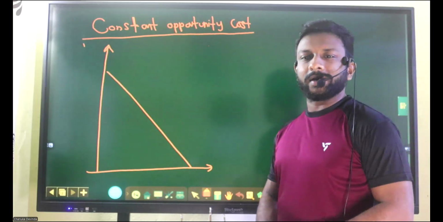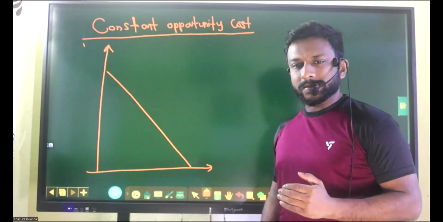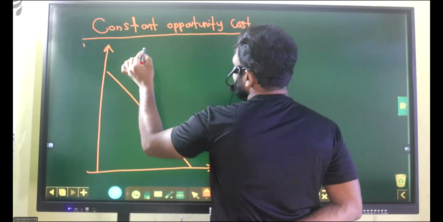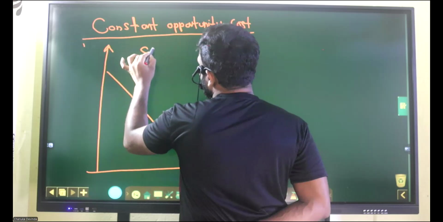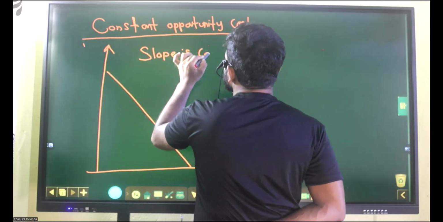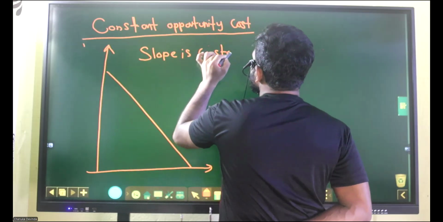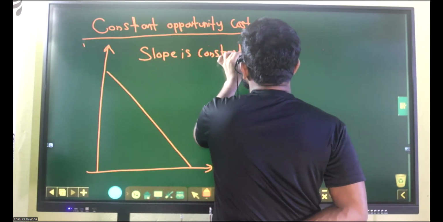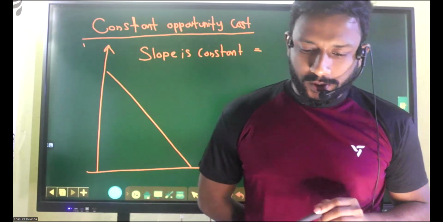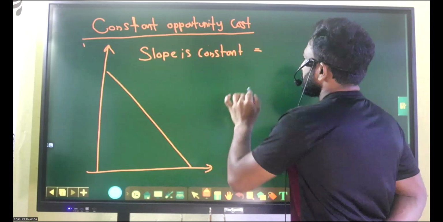Why do we choose a straight line? Because on a straight line, the slope is constant. We know slope represents the marginal opportunity cost, so here the marginal opportunity cost is also constant.